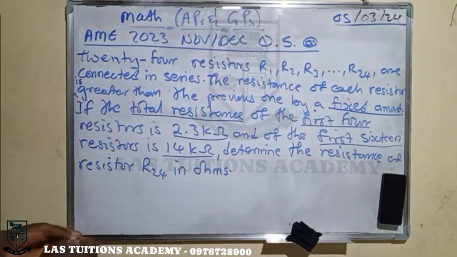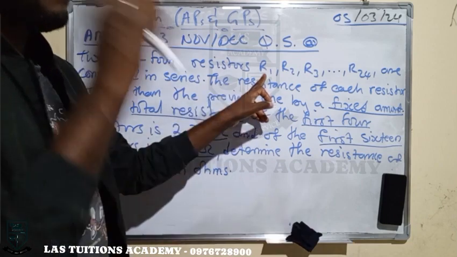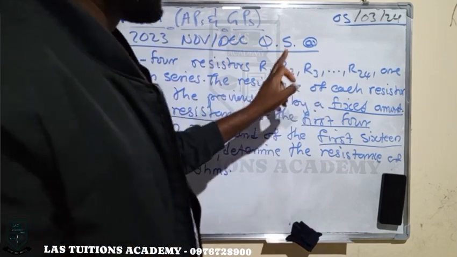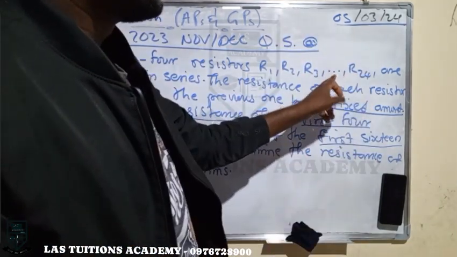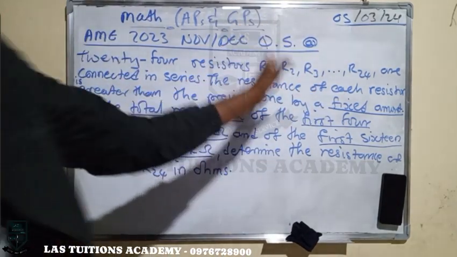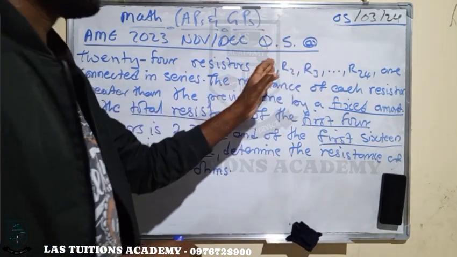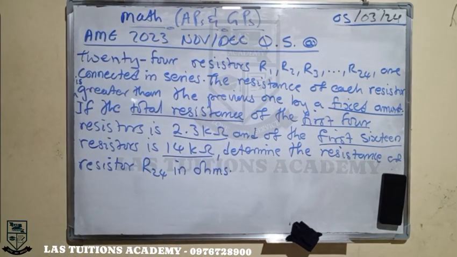Okay? So this one is greater than this one by a fixed amount, this one is greater than this one by a fixed amount, and so on. So there is a fixed amount between all the resistors. If that fixed amount is 2, the difference will be 2 throughout.